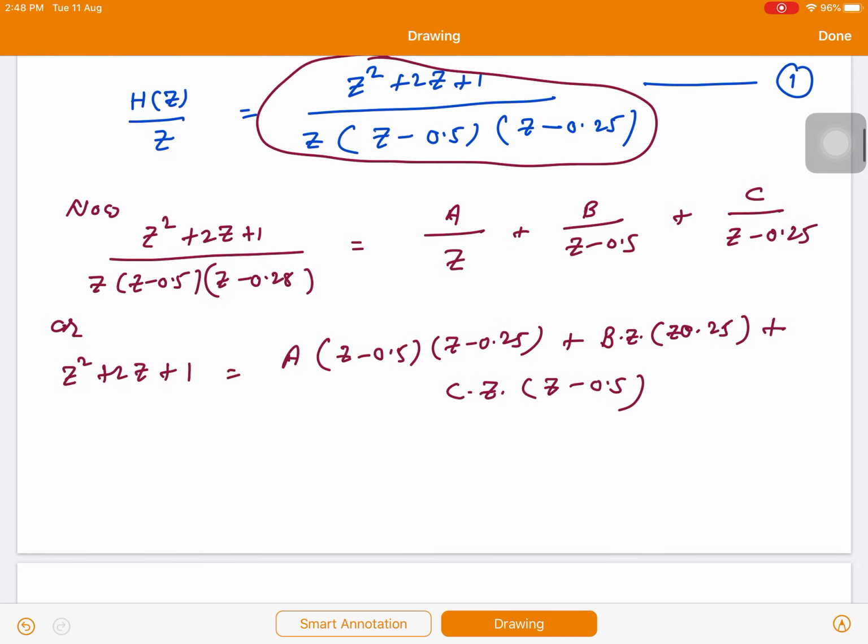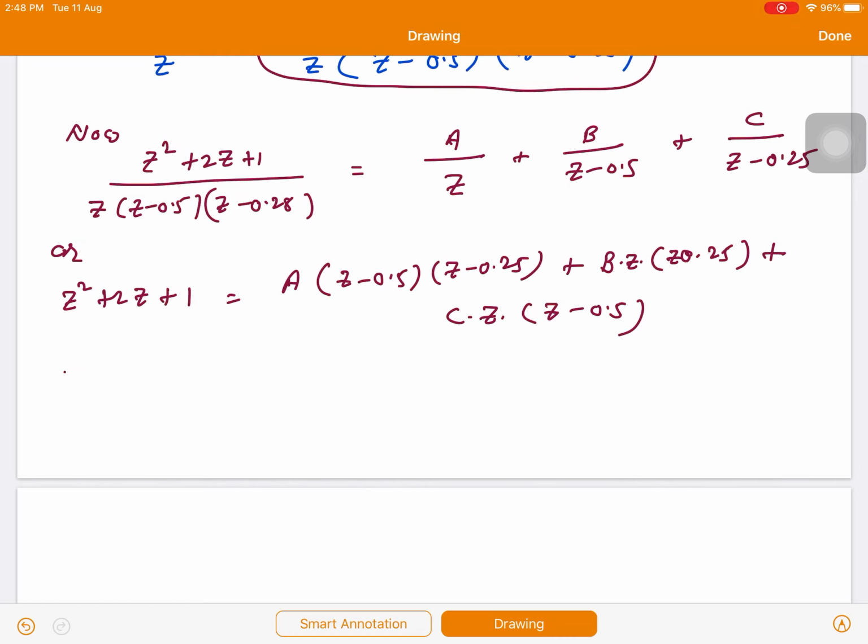So firstly we put z equal to 0, and for z equal to 0 we will get A equal to 8.